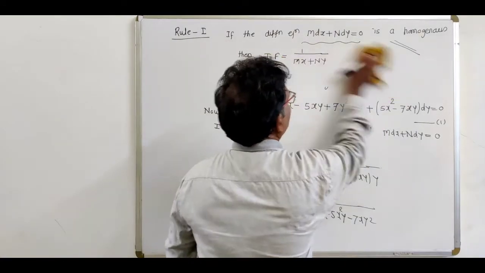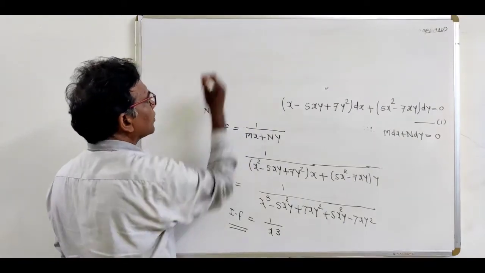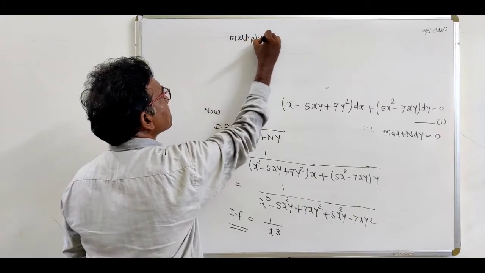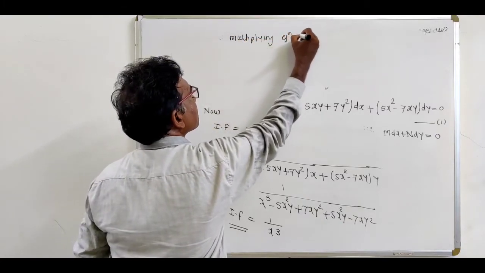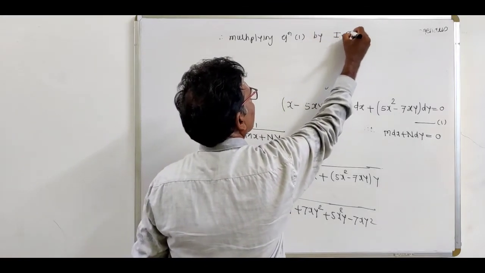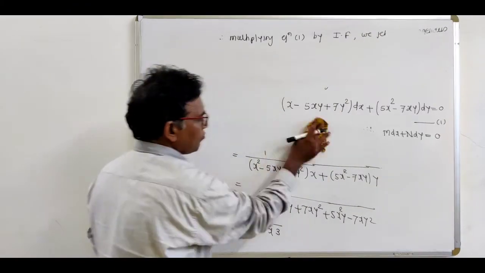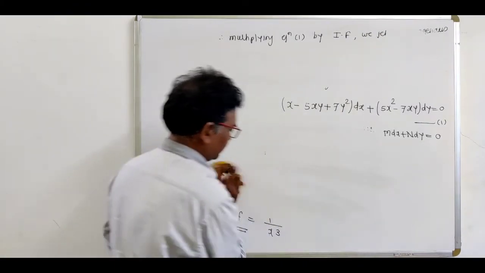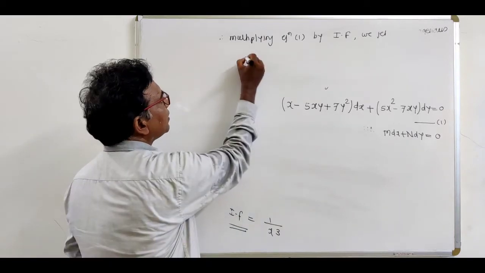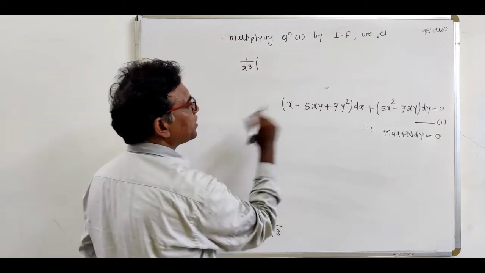Write down, therefore, multiplying equation 1 by integrating factor we get. So this is equation 1, so just multiply 1 upon x cube, this is integrating factor, and this is equation number 1.